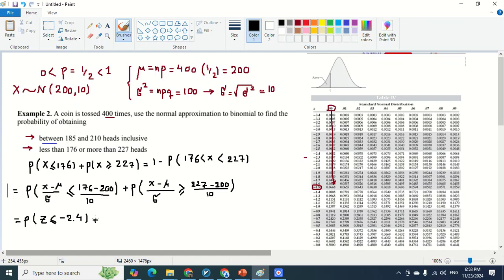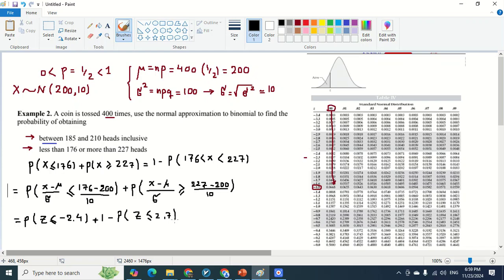Instead of greater than that value I can write it as 1 minus the probability of z less than or equal to 2.7. So I just rewrite it in the form of z less than some value.